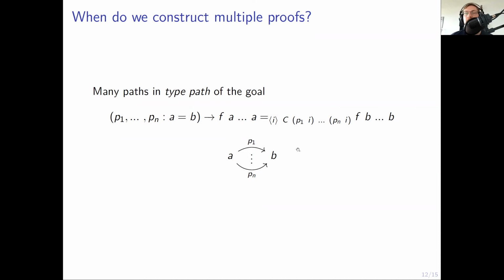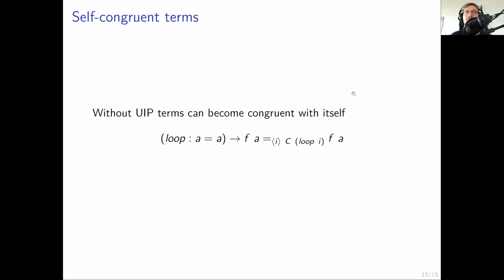This also means that the worst case here will be n squared proofs that we construct. Another new problem, which appears when we lose this uniqueness of identity proofs, is that terms now can become congruent with themselves, since we have these non-trivial paths. So that's also something we have to take into account.